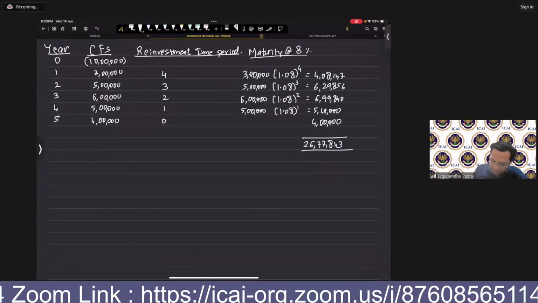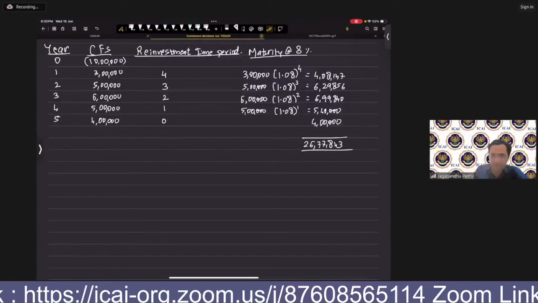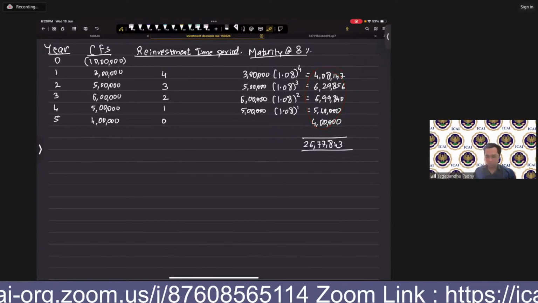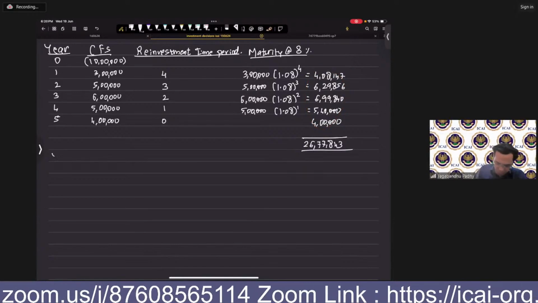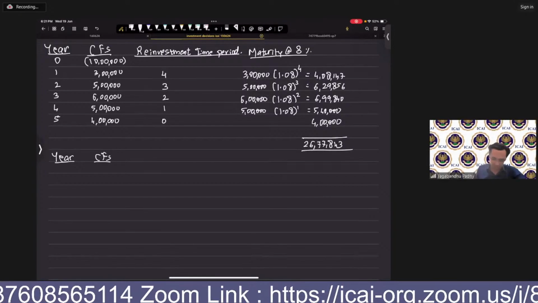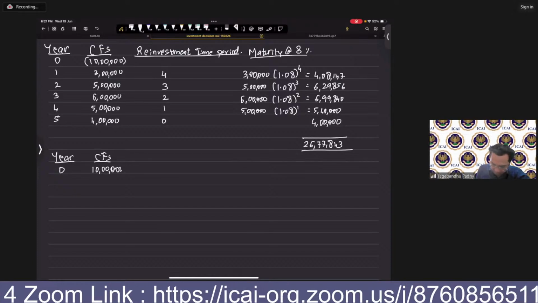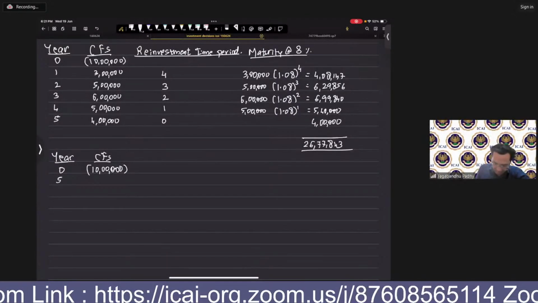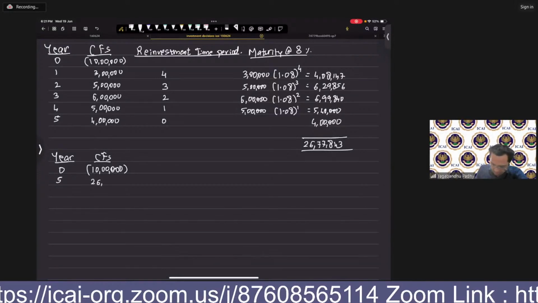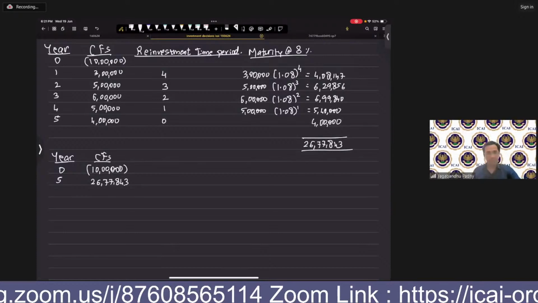So in essence, when you reinvest these cash flows and you get the maturity value at the end of the project, this entire thing gets converted to a simple cash flow structure, or a net cash flow structure: in the 0th year you are investing 10 lakh, and directly in the 5th year you are arriving at 26 lakh 77,843.